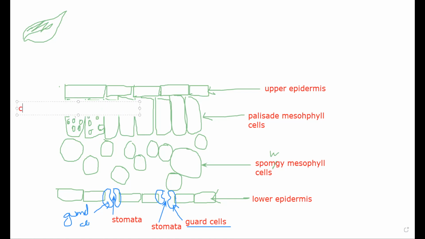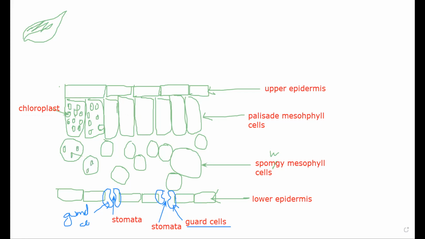Photosynthesis takes place in the chloroplast, very good. So the palisade mesophyll cells contain many chloroplasts, but here they contain only little chloroplast, okay?